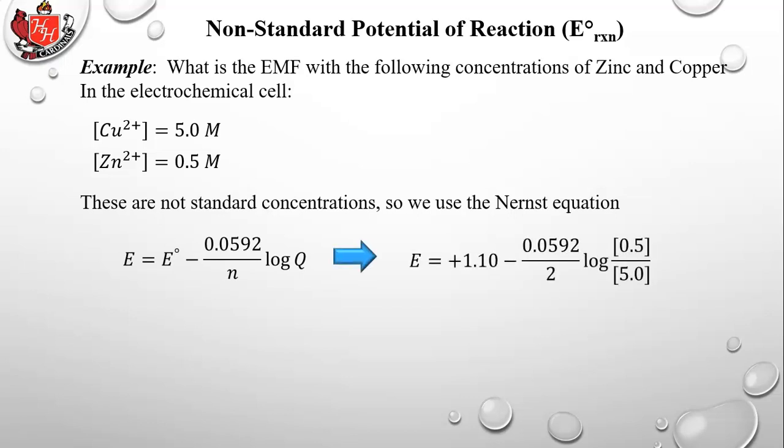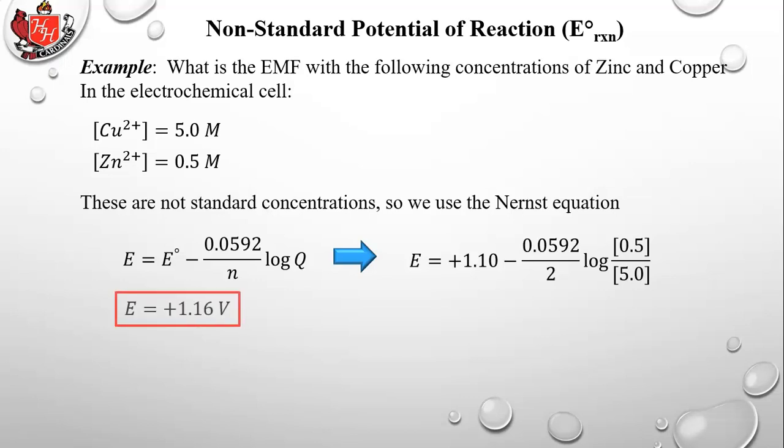Convince yourself that that's what it should look like. The N is 2, that's the 2 electrons. You have the concentration of the zinc up on the top, and you have the concentration of the copper down on the bottom. Again, products on top and reactants on the bottom. Then you just have to do the math on that.